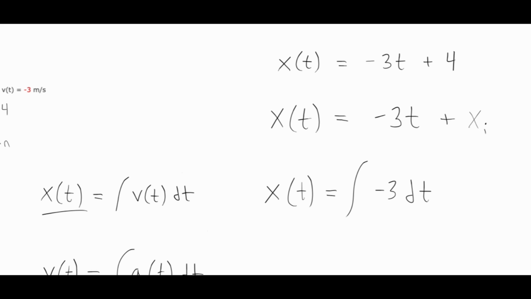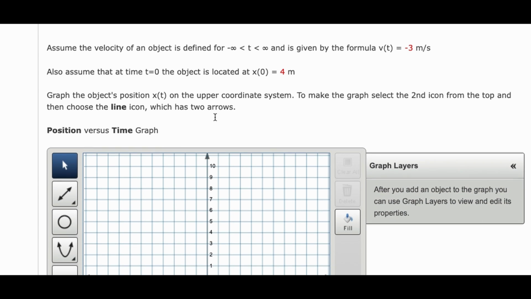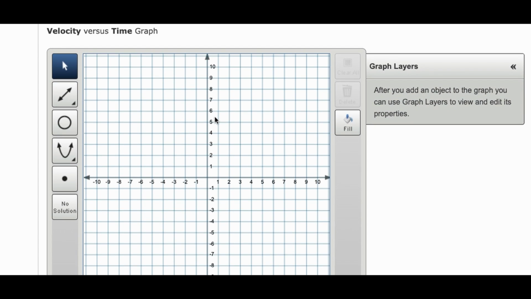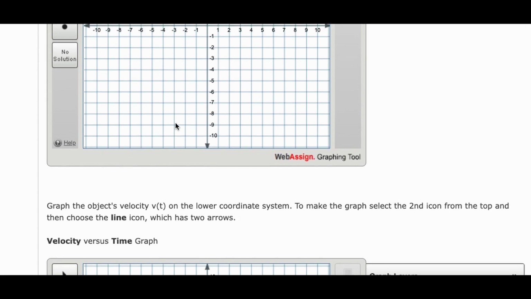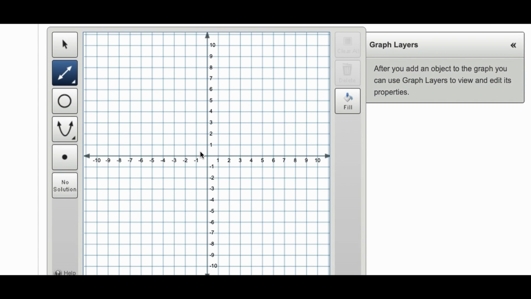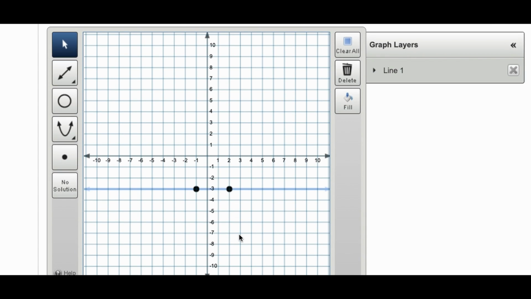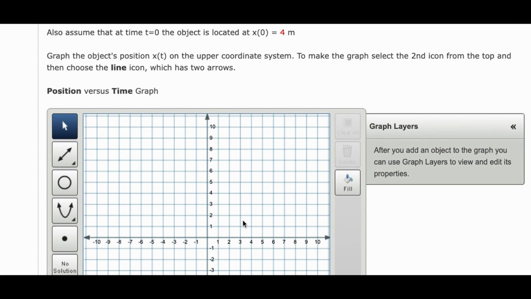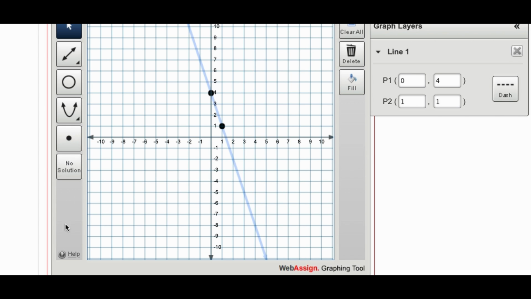So when I go to the program, that is what I want to graph. Sometimes it's a little tough for people to graph these. WebAssign's kind of picky. It says here they want the line icon. So choose this. Draw your velocity as a nice horizontal line. Then in the graph above, you want to graph this one.